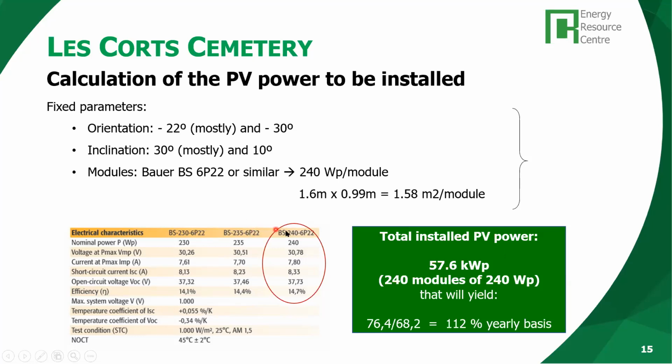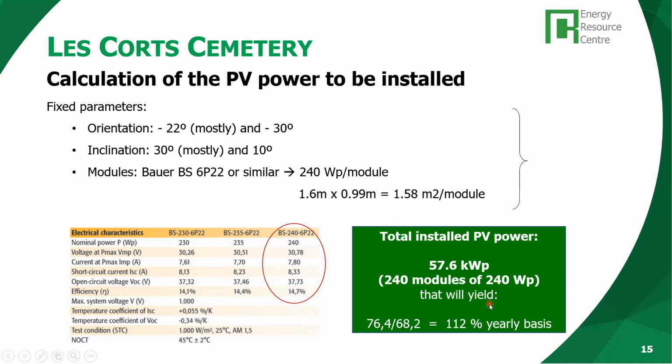Arnau was checking different types of PV modules, specifically the brand Bauer BS6P22 with a module capacity of 240 watt peak per module, and taking into account the area covered by each module, all in all came up with a solution of 240 modules of 240 watt peak each. That will give us a total installed peak power of 57.6 kilowatt peak.